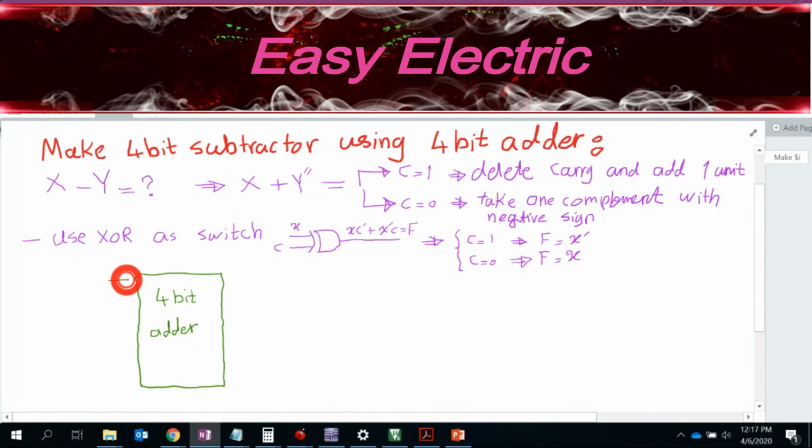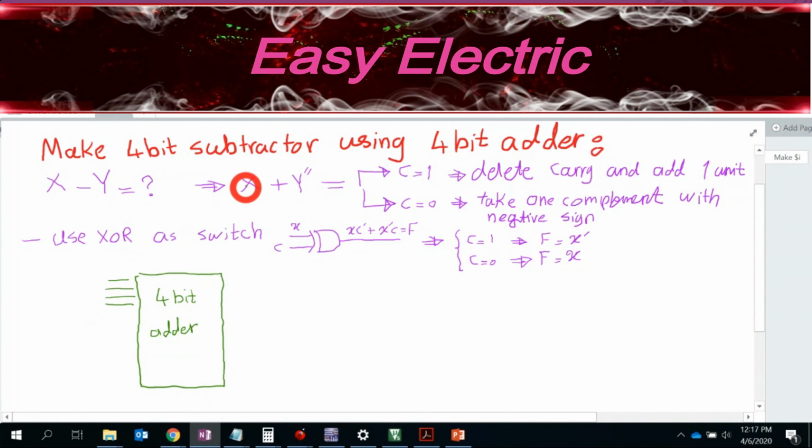Definitely the 4-bit adder has two inputs. One is for X, 0, 1, 2, 3, and another one for Y. If I want to calculate X minus Y, using the concept that I learned in chapter 1, I just need to say X plus Y double prime, which is the first complement of Y. So you tell me, which number should the first input be connected to, X or Y?